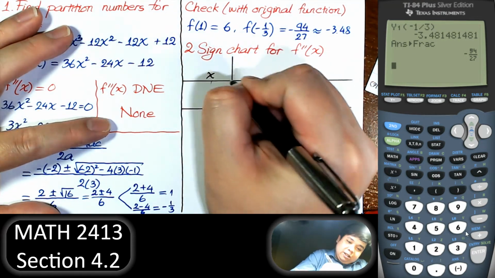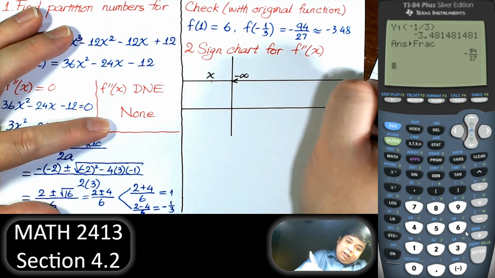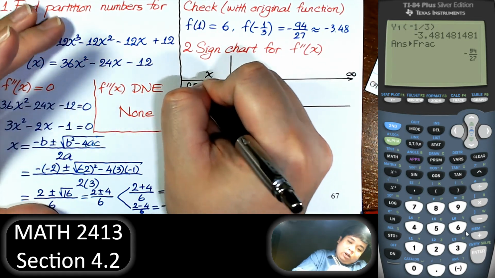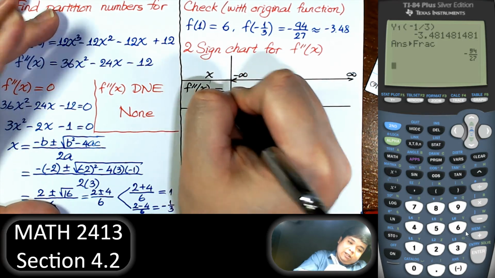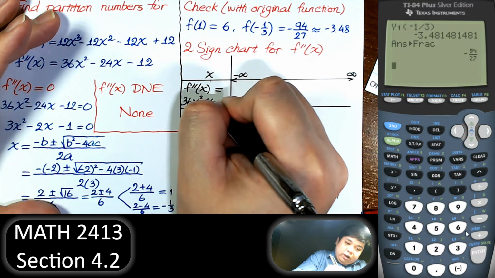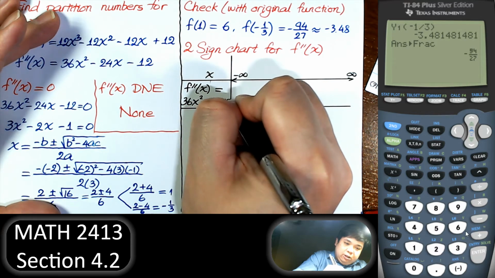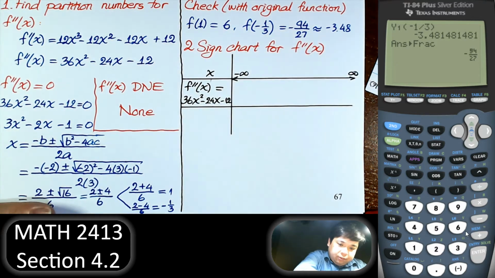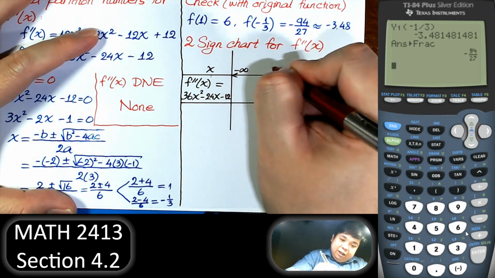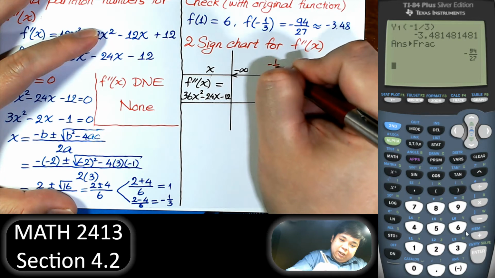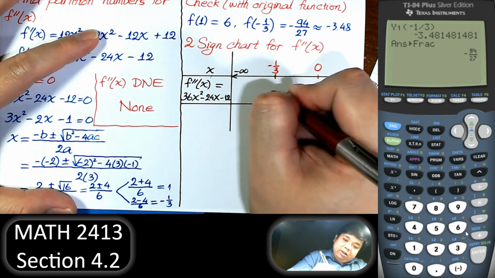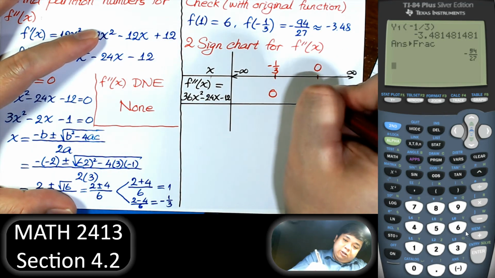Right, x negative infinity to infinity. Now we put the second derivative here. 36 x squared minus 24x minus 12. Right, there are 2 points, negative 1/3 and 1. Both of those numbers give us the second derivative equal to 0.